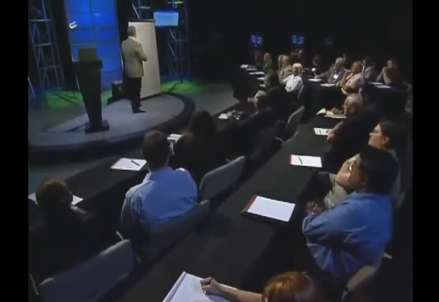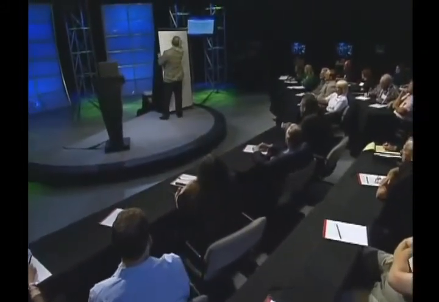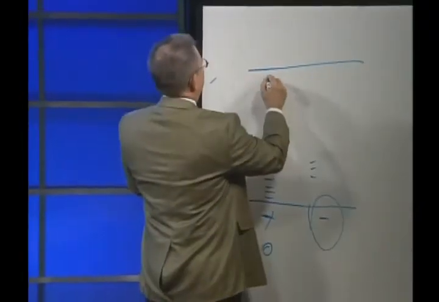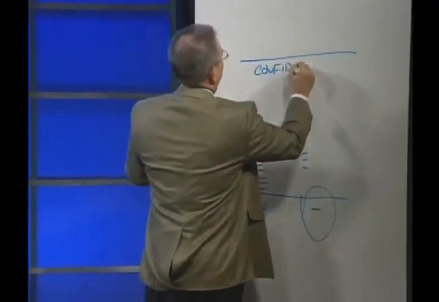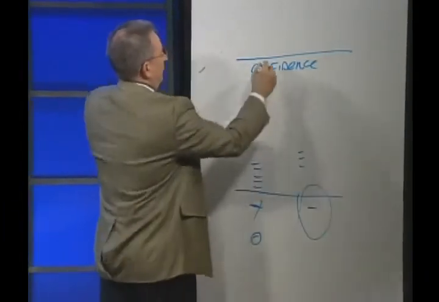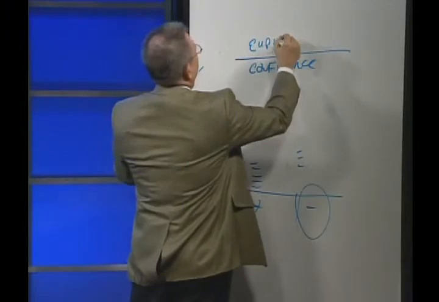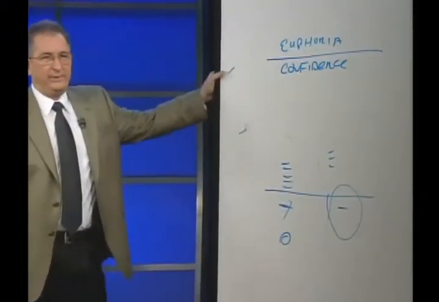So if, for an example, this line right here, if below this line represents normal self-confidence, and above this line is euphoria, and this threshold's different for everybody, by the way.